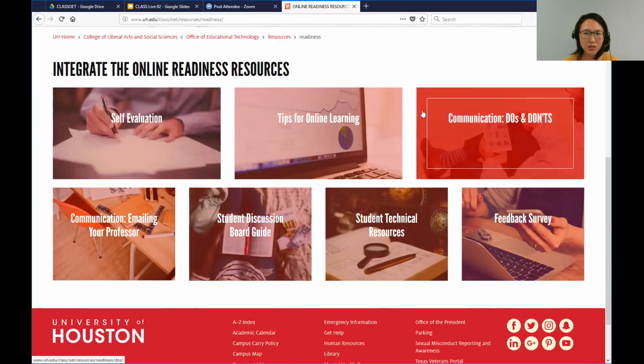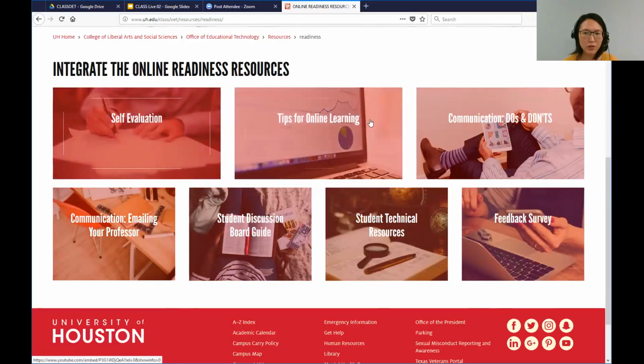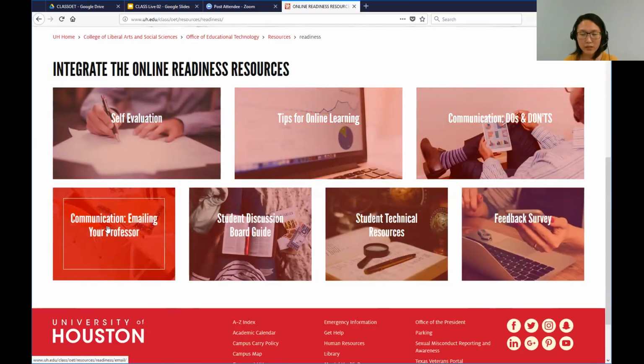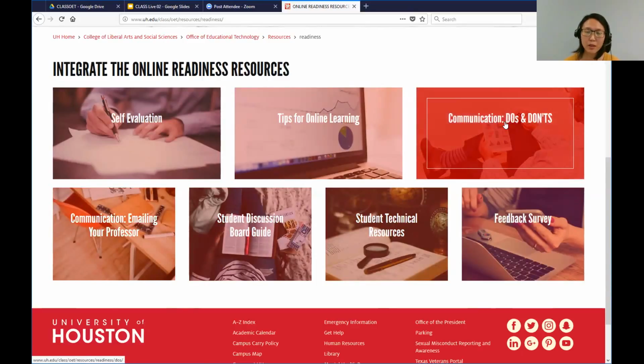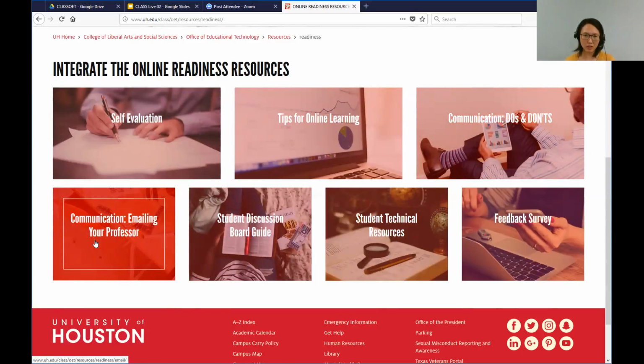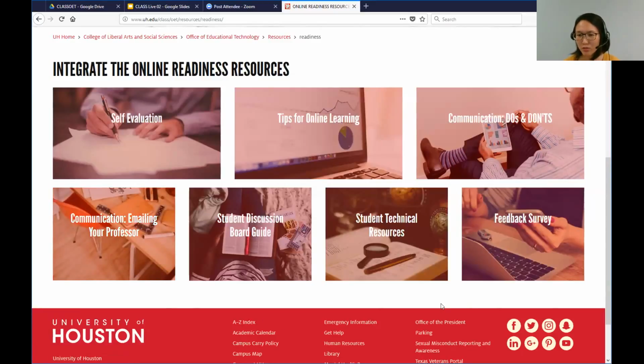And the communication do's and don'ts, the videos and the self-evaluation, I recommend that you use in the first week of class, or you could hold on to these, and when you notice that students are communicating to you in a less desirable way, you can send out an email and say, hey, take a look at this infographic, you might want to look it over before you send me an email in the future. So those are some ways that you can use that.